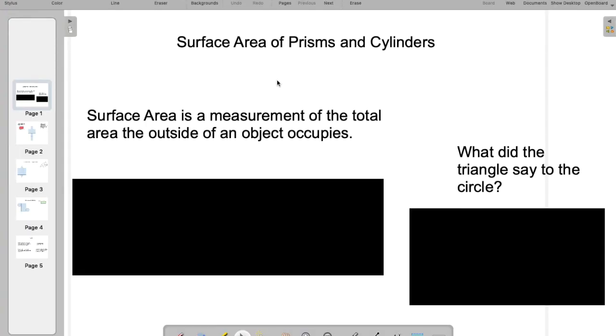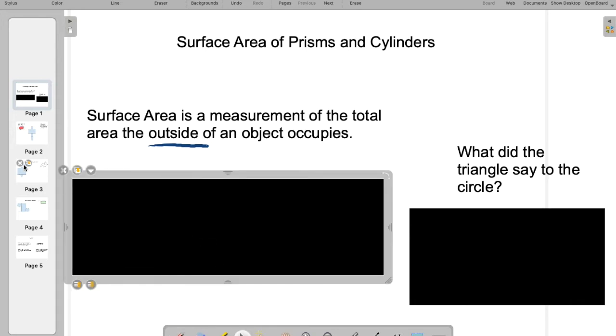The reason why we can't measure surface area by filling something with water is because surface area is a measurement of the total area the outside of an object occupies. And in this case, it's the outside of a three-dimensional object.